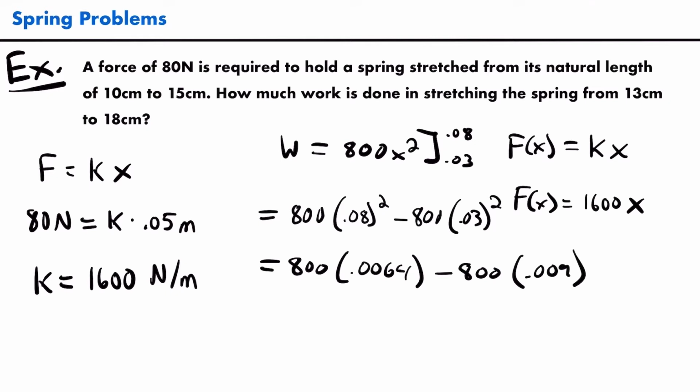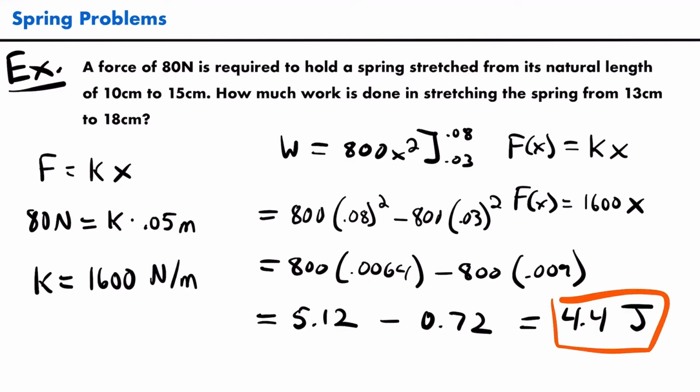All right, and so 800 times 0.0064 will be equal to 5.12, and then we will subtract 800 times 0.0009, which is equal to 0.72, and so 5.12 minus 0.72 is equal to 4.4, and that is measured in joules. That is our unit of work. Since we were working with newtons and we switched from working in centimeters to meters, then we know that our answer is in terms of joules.